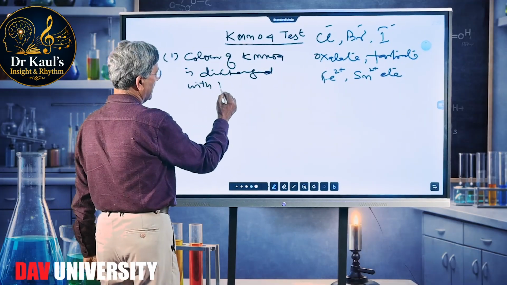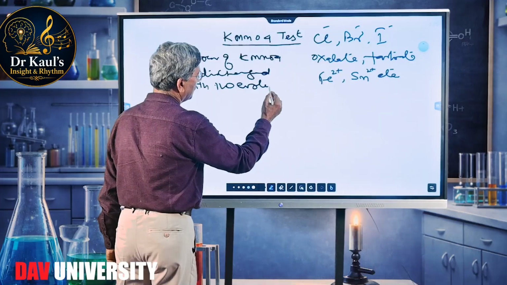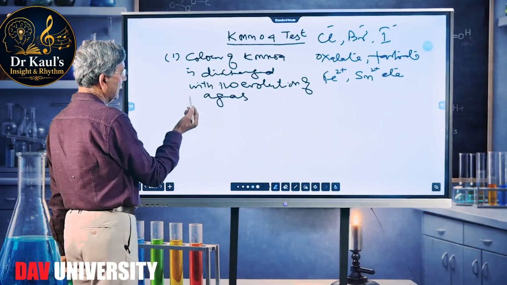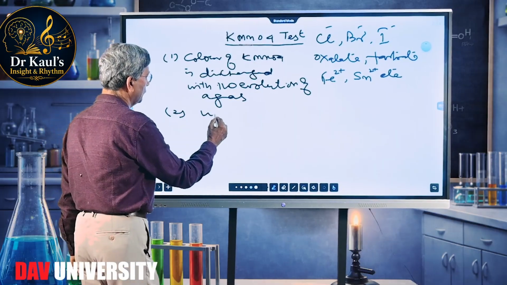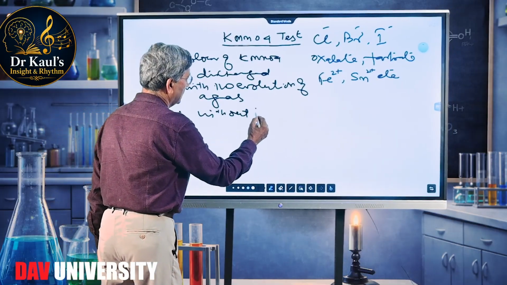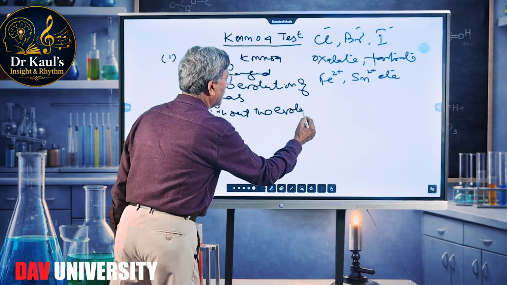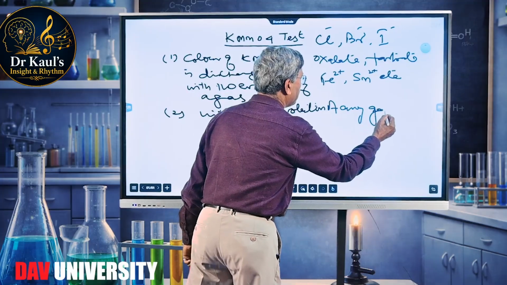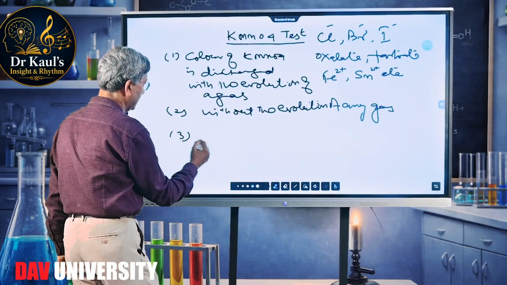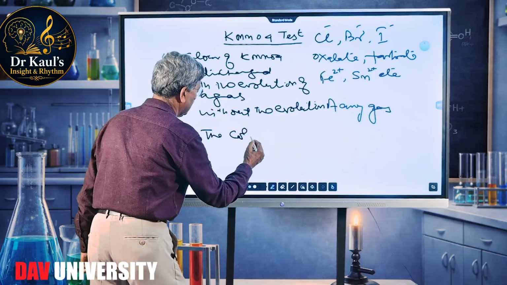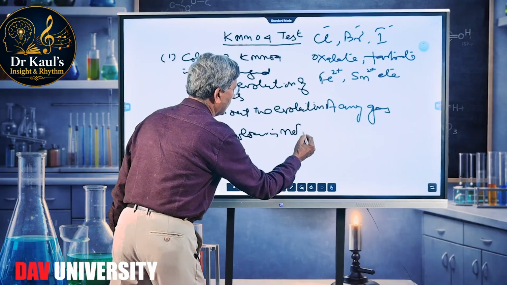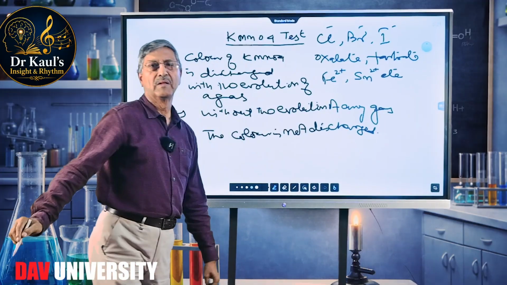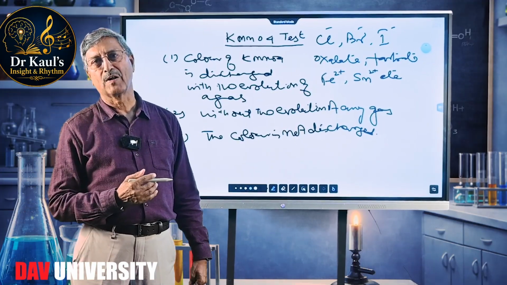One situation is with the evolution of a gas, and another situation is without the evolution of any gas. And the third situation will be that the color is not discharged. Now we shall be dealing with these situations one by one.